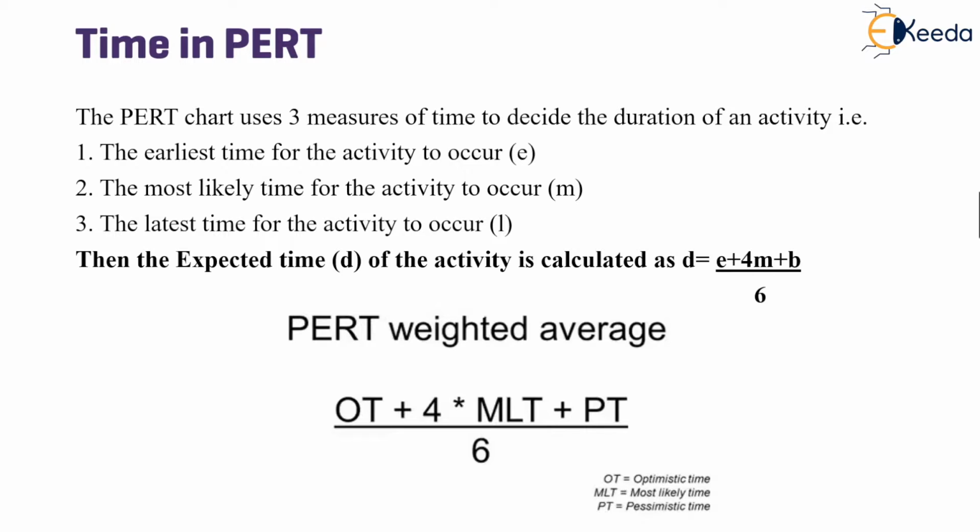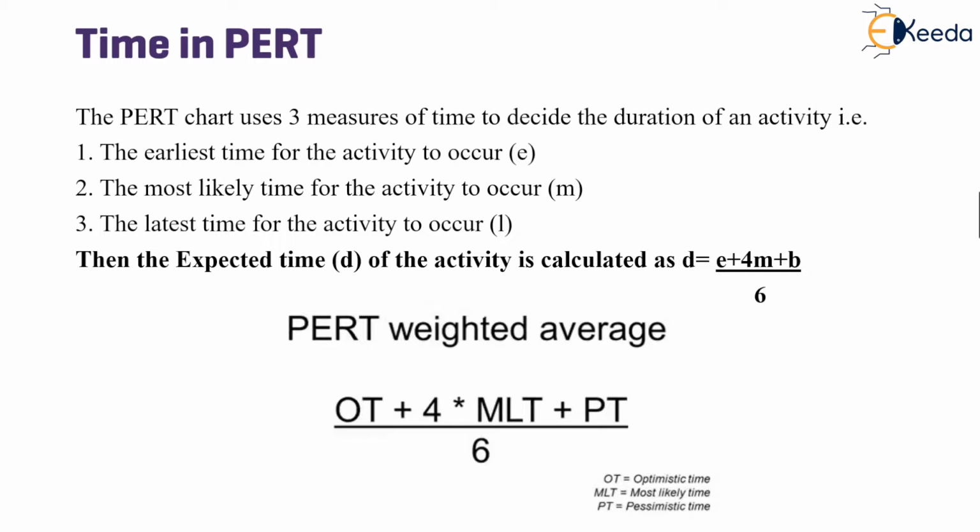Since we have three time estimates now, it is important that we calculate the weighted average duration required for the activity using optimistic, most likely, and pessimistic times.